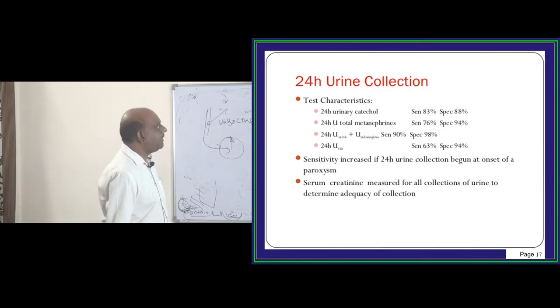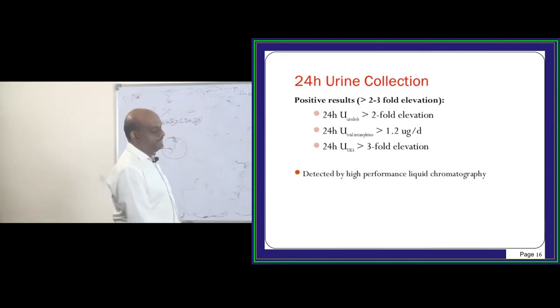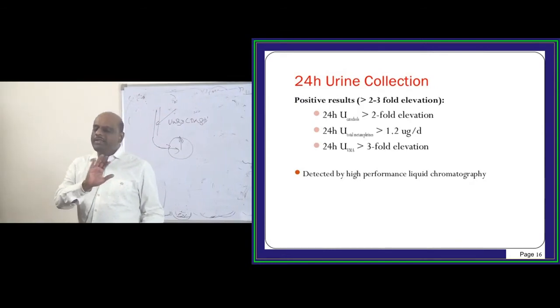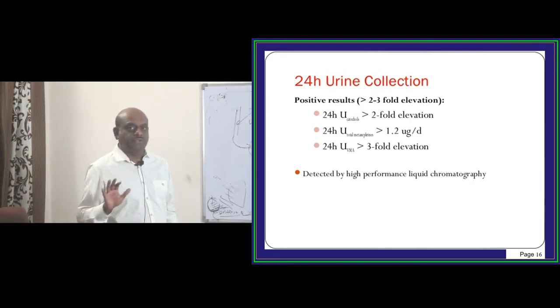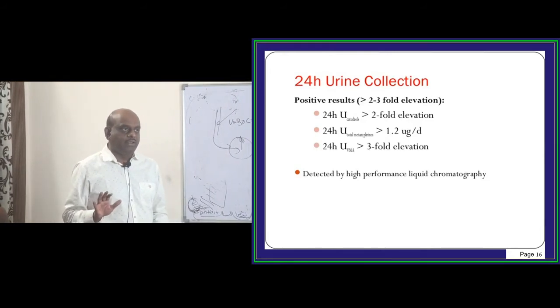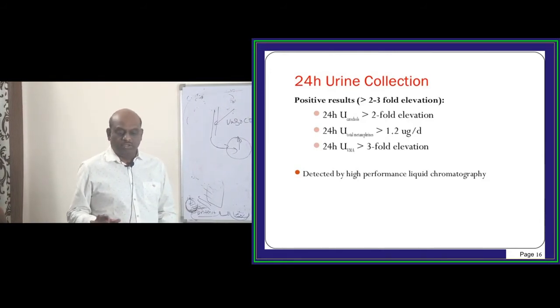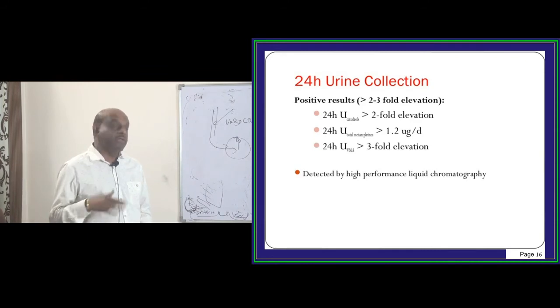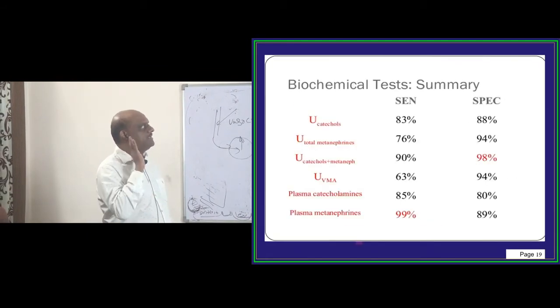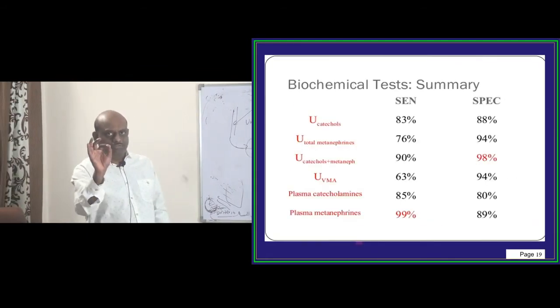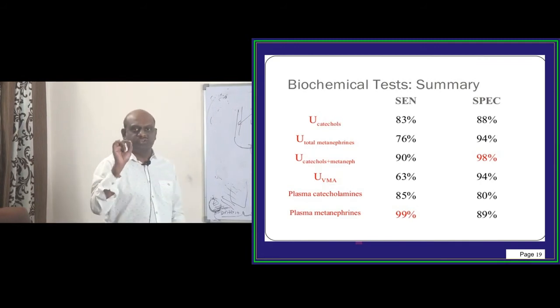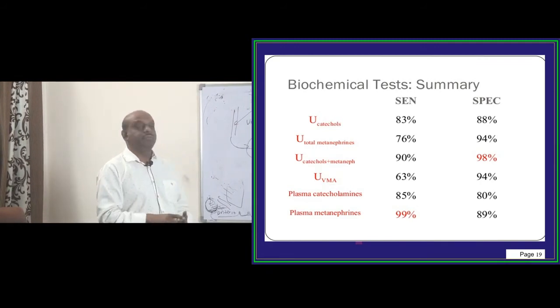Yes. So now doctor, if you look at the various tests, urinary tests, blood tests, what is their sensitivity, specificity? Favorite question of the examiner. So you should not forget this important slide, you have to bookmark.